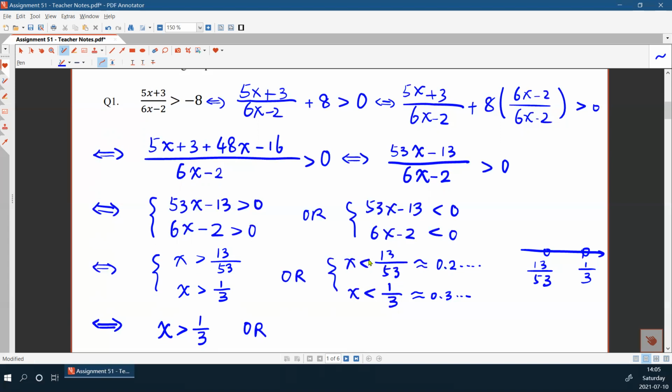And if x must be less than 13 over 53, and at the same time x should be smaller than 1 over 3, the combined result is x should be smaller than the smaller number, which is 13 over 53, right? So this is our final result. Final result is x is either greater than 1 over 3 or less than 13 over 53.